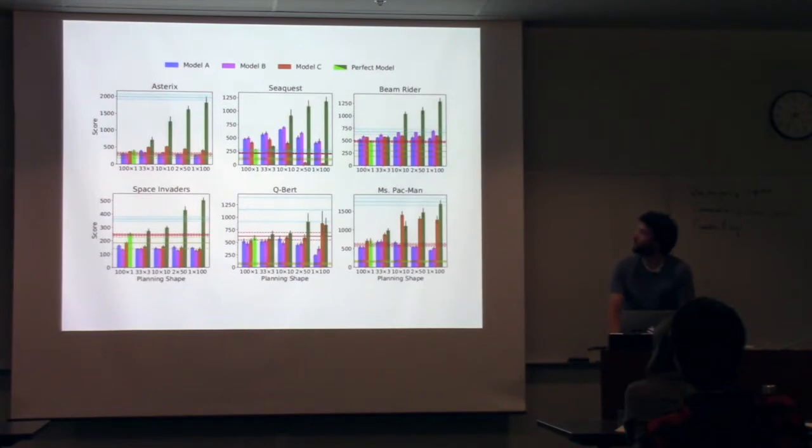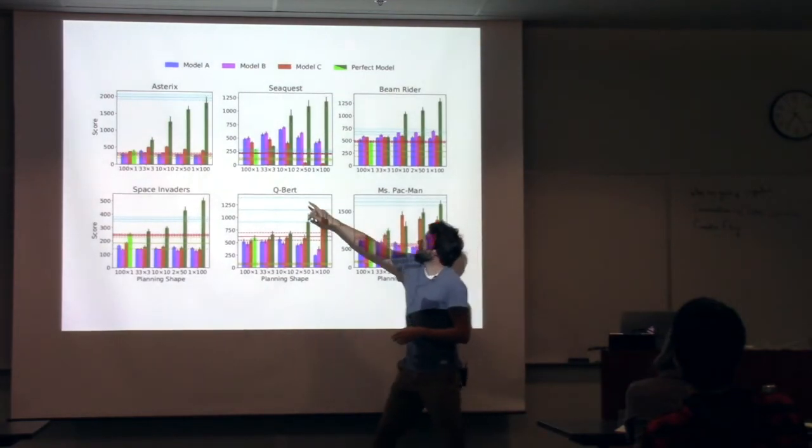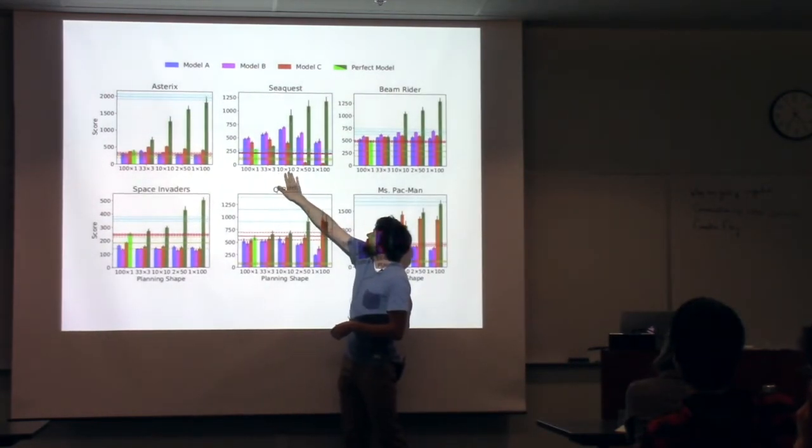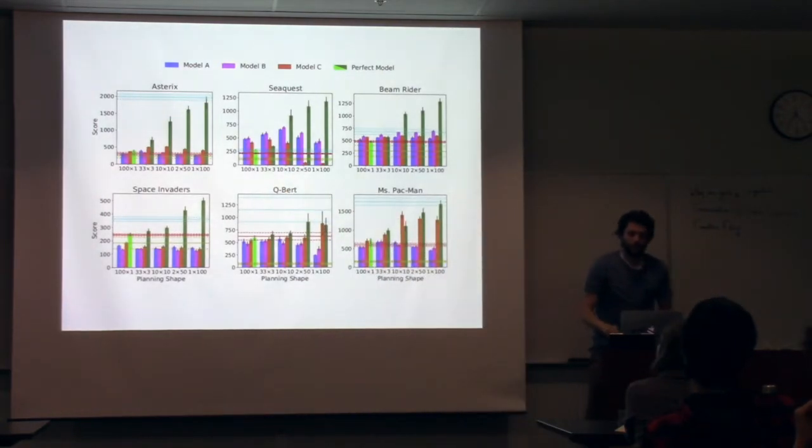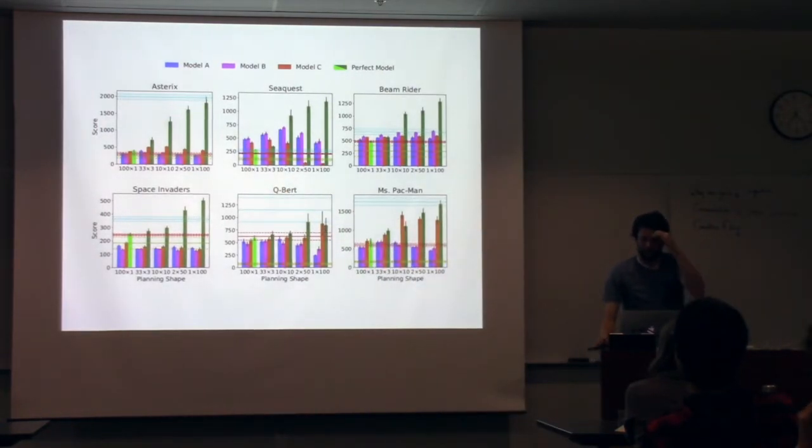So this is what the results look like. As with the perfect model, there's a rollout length greater than 1 that outperforms 100 by 1 planning. The best performer here for Seaquest is at 10 by 10. It's interesting to observe that there's a tension between the benefits of doing long rollouts and the fact that the model's errors compound to make long rollout predictions unreliable.